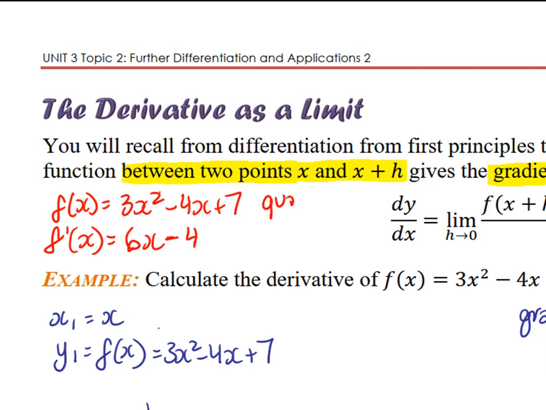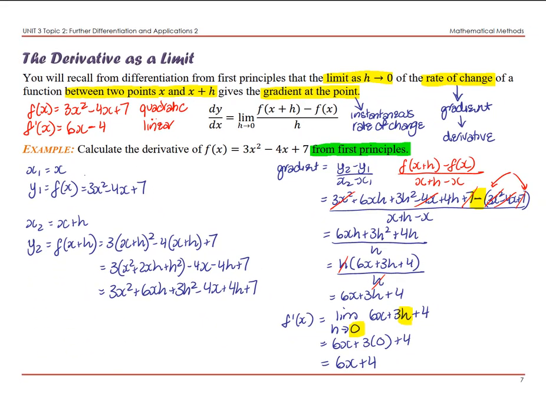Another way to check, you started with a quadratic and you've ended up with linear. So we had 3 steps, you'll see. Step 1, find the points. Step 2, determine the gradient. And then step 3 is the limit.